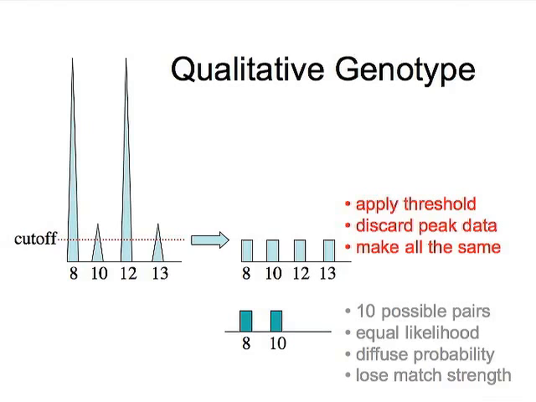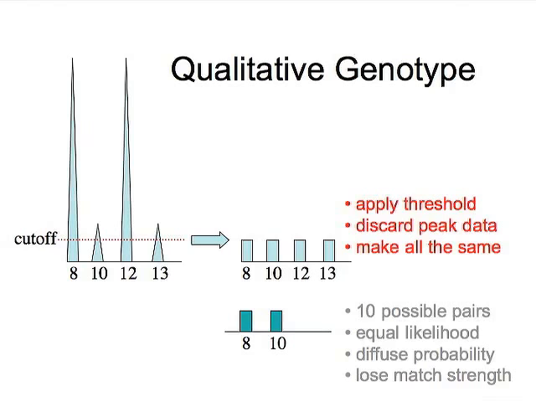And then if you look at how many possible pairings there are: 8-8, 8-10, 8-12, 8-13, 4 of those, then 3 starting with 10, 2 starting with 12, and then a 13-13. There are 10 possibilities on a list. You wouldn't write 8-9 because 9's not included. And then what ends up happening, since all 10 of those possibilities have equal likelihood, you diffuse the probability across all 10 allele pairs.